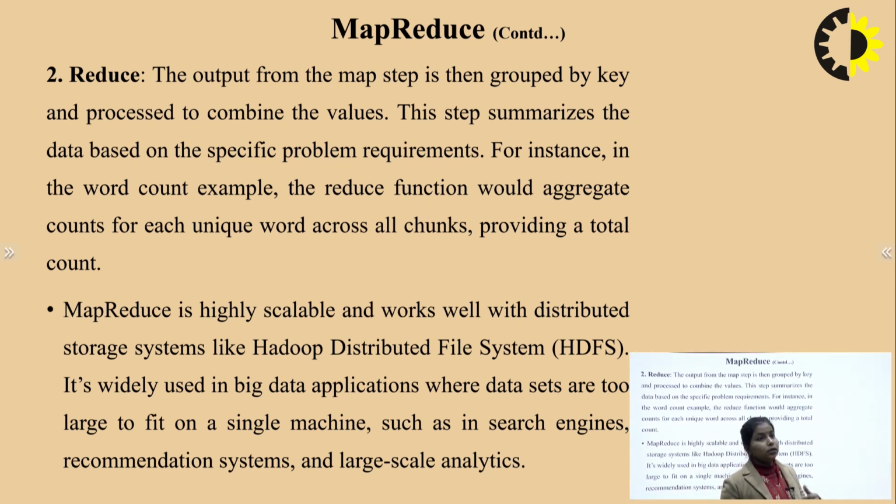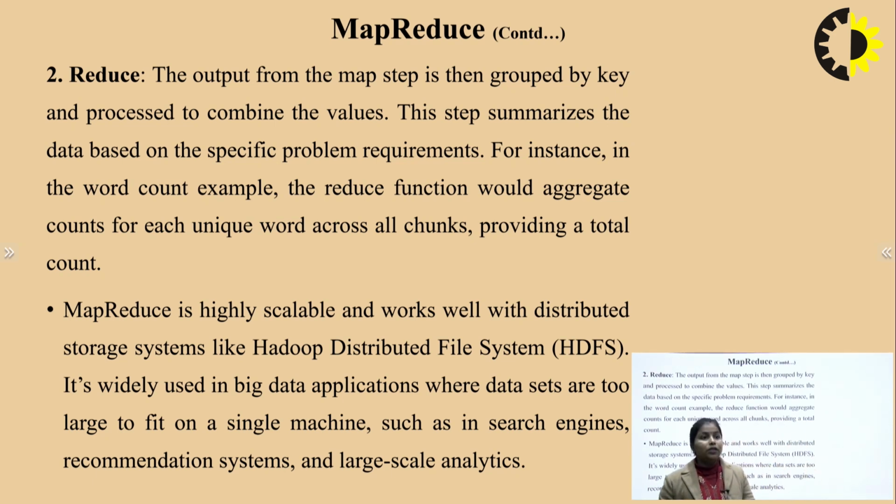The reduce function takes the output of the map stage, which is then grouped by the key, and proceeds to combine the values. This step summarizes the data based on the specific problem requirement. For example, in the word count example, the reduce function would aggregate counts for each unique word across all chunks, providing a total count.